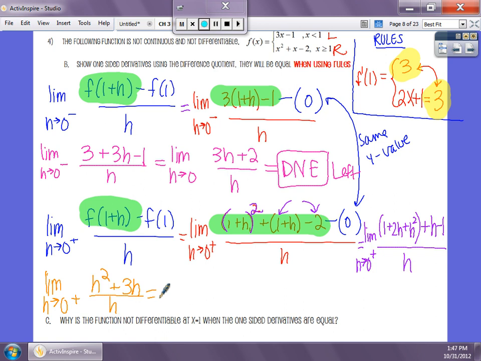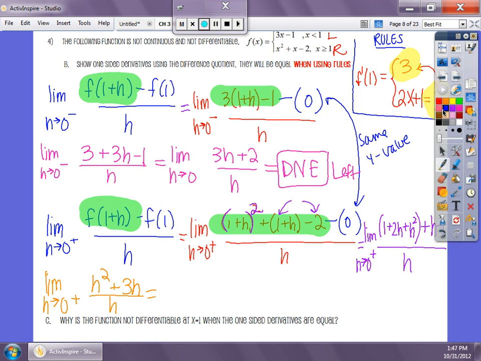I'm going to factor out an h, and I get h plus 3 all over h. Those cancel. Now that it's completely simplified, I can put 0 in, and actually, let me change the color there to pink. And so I actually get 3.